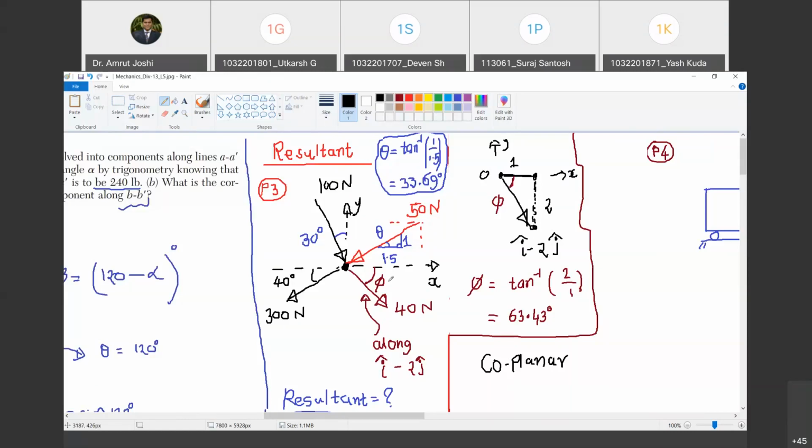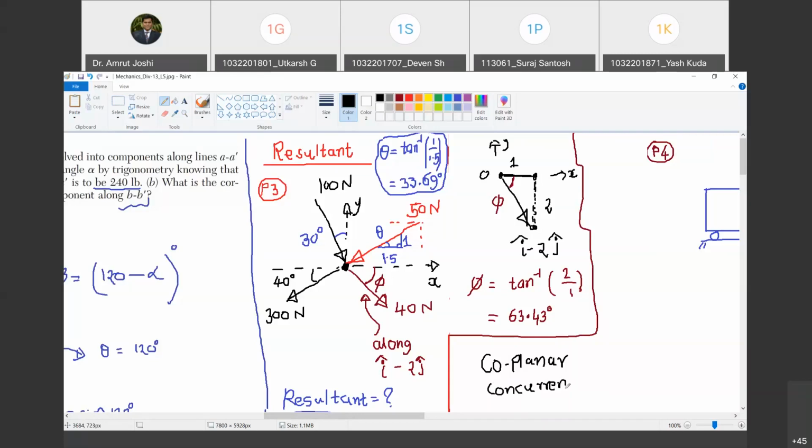What is another characteristic of this force system? Can you tell me? Lines of action of all the forces pass through a single point. Do you agree with me? Yes, sir. So it is not only coplanar, it is also a concurrent force system. So it is a coplanar and concurrent force system.